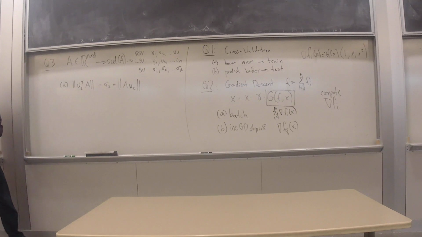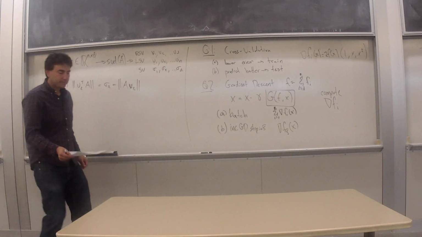So that gives you the norm of it, and if you square that singular value, that gives you the eigenvalue for that right vector. How does that work?